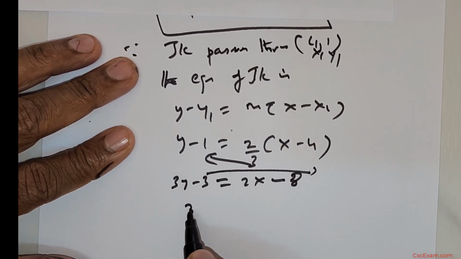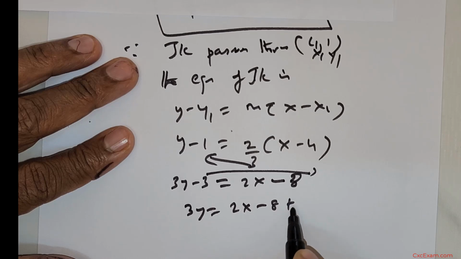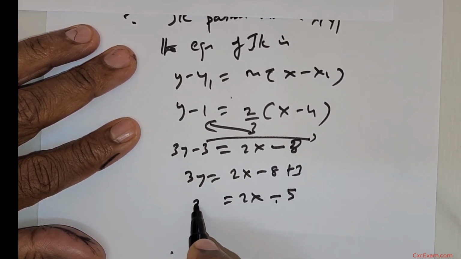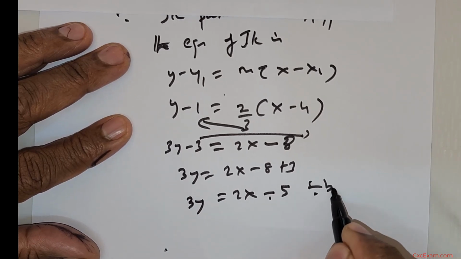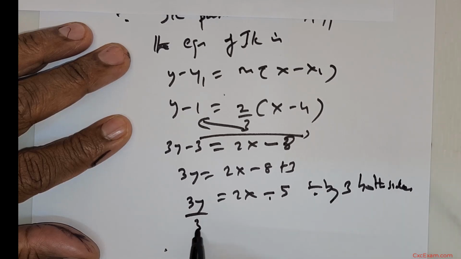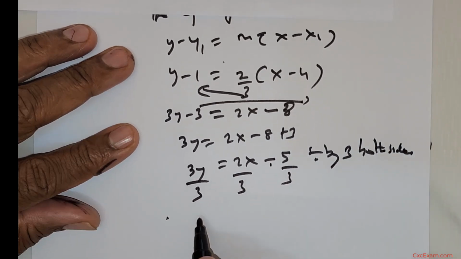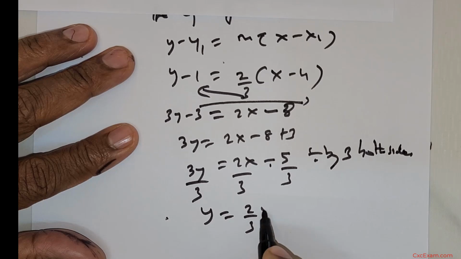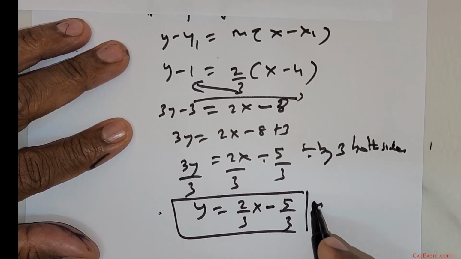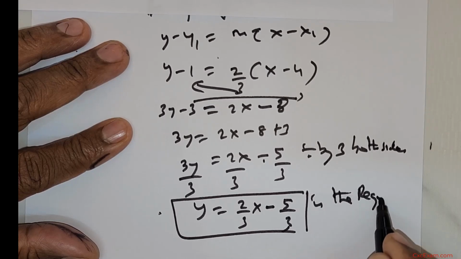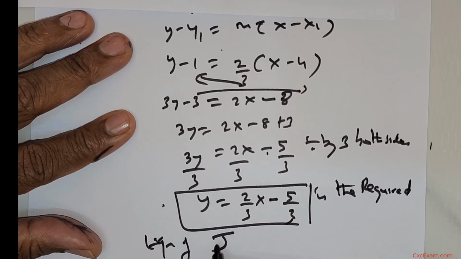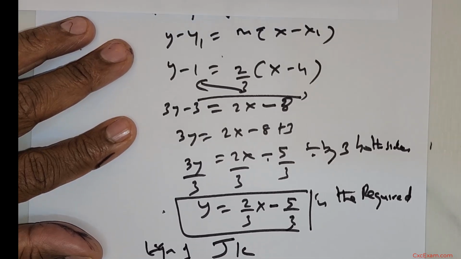Move the 3 to the other side, you get 3y is equal to 2x minus 8 plus 3, which is 2x minus 5 is equal to 3y. Now you divide by 3 both sides. You get y is equal to 2 over 3 times x minus 5 over 3. This is the required equation of JK. Okay, so that's the solution.